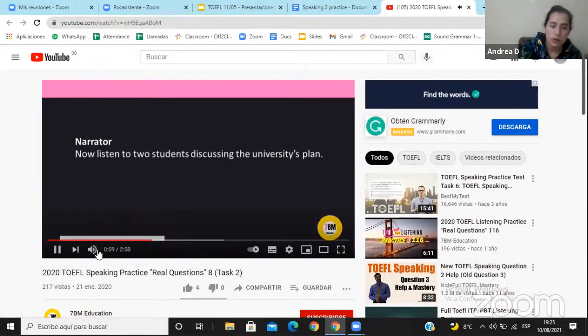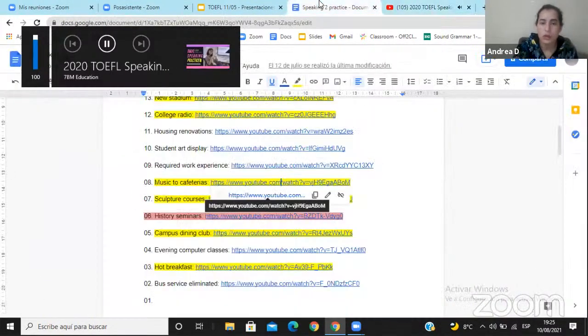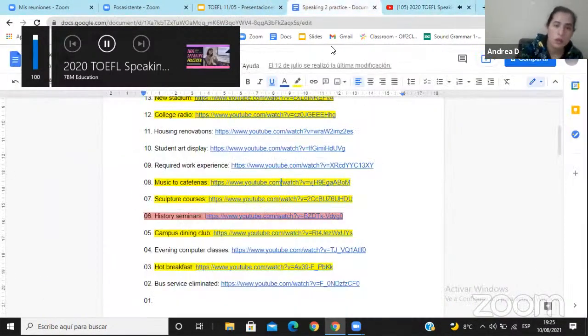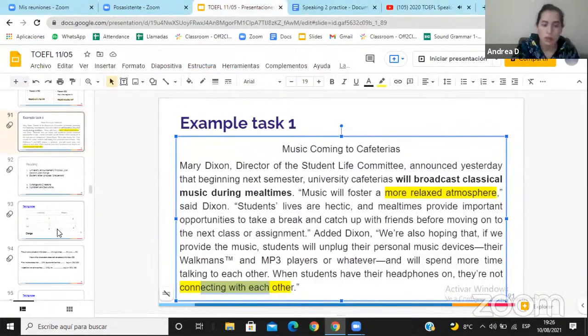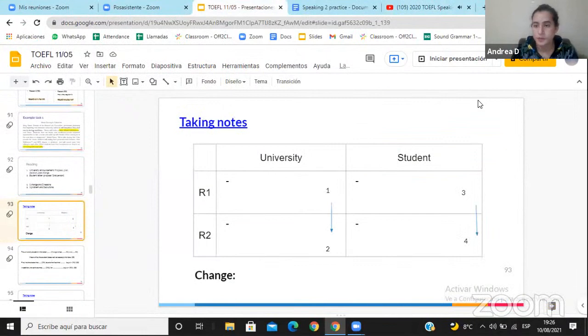Now listen to 2 students discussing the university's plan. This article? Are they serious? Yeah, I think so. Why? Well, first of all, a lot of kids aren't looking for a relaxing break at lunchtime. They like to study while they eat, especially if they have exams coming up or some assignment they have to get done. Yeah, that's true. And now they won't be able to concentrate. This is going to be very distracting.